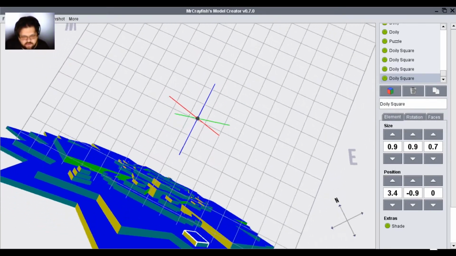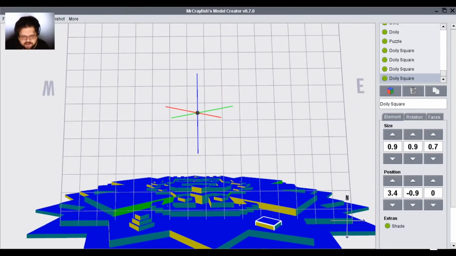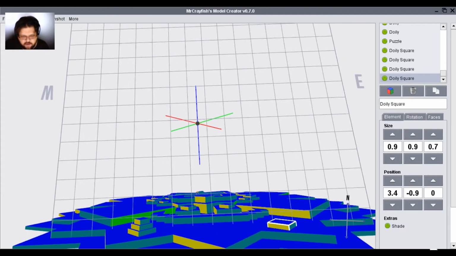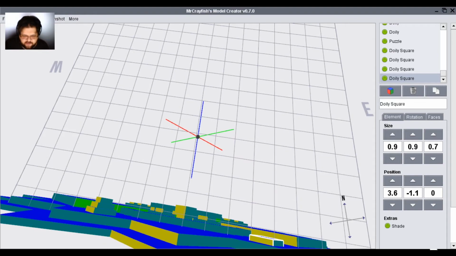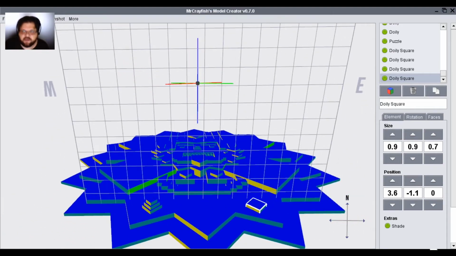Is that too... Yeah, it's not enough. I'd say it's about 2 off. So negative 1.1, and then 3 point... what is that? 6? 6. Look at that. That is definitely looking good right there. Nice, nice. So it was only 2 off. So let's duplicate you.